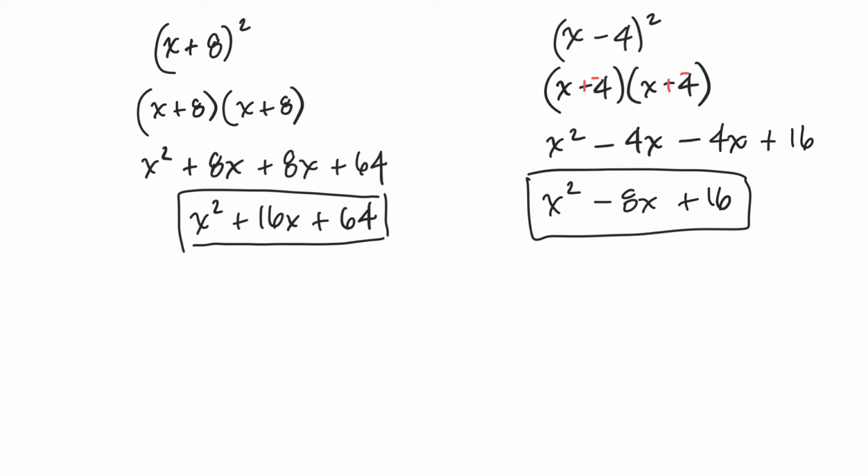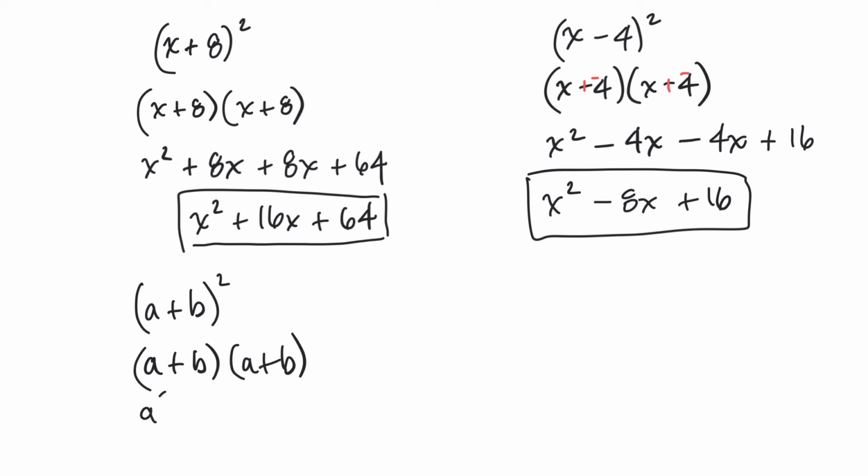Again, there's a pattern here. To really see the pattern and know what happens, let's do a plus b quantity squared. So this is a plus b times a plus b.